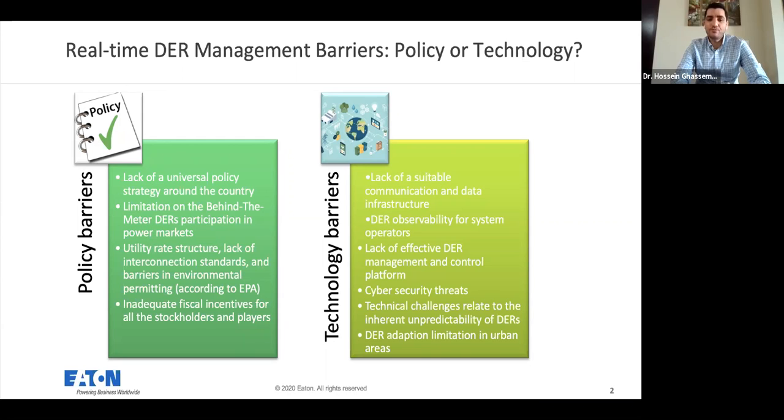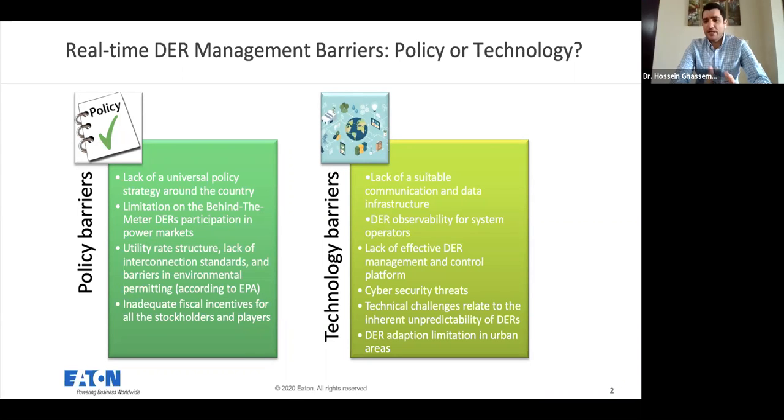But to me, the most important thing to address is that we should be able to incentivize every player in the smart DR domain, from the system operator to the end user and the aggregator. Until we do that, it is hard to imagine that you would reach the level of adoption that we are planning for in 2030 or 2035.